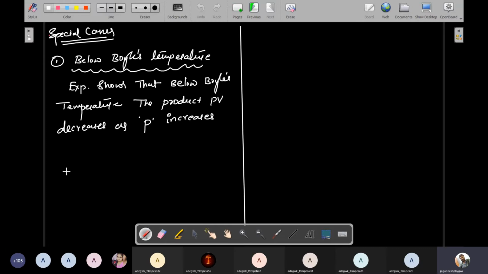At below boil temperature, the product PV decreases as pressure increases. So we can represent that as P2 V2, the pressure and volume of the second chamber. The pressure times volume of the second chamber, P2 V2, is always greater than P1 V1.